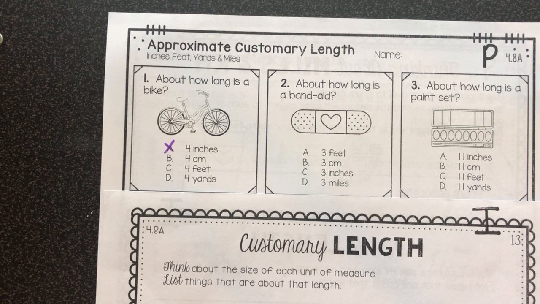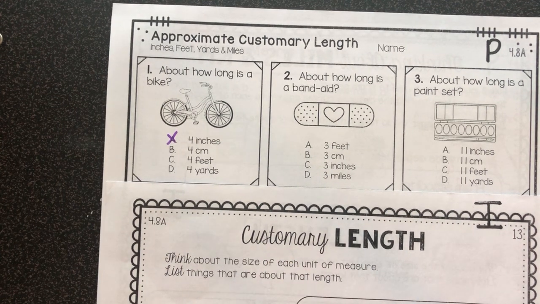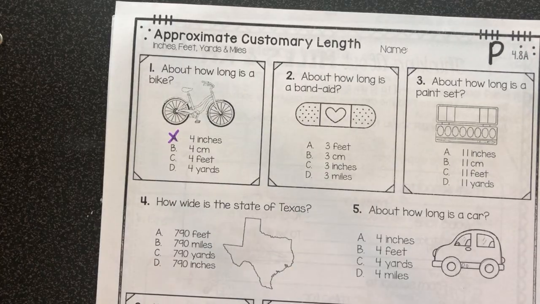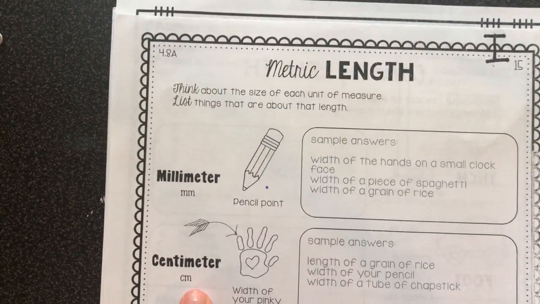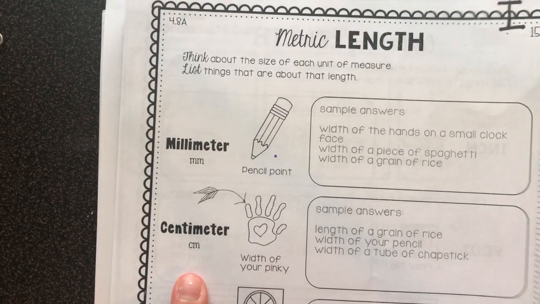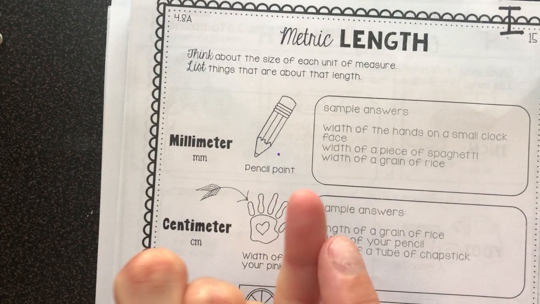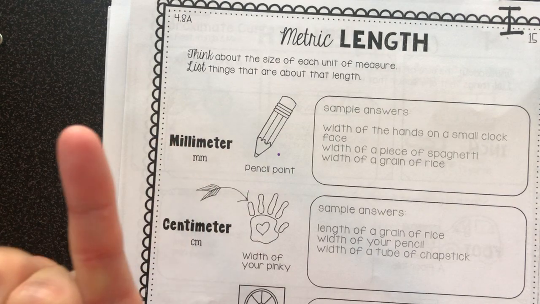B says 4 centimeters. Now centimeters are not customary units, those are metric units. So I'm going to turn my benchmark paper over. Here's the centimeter. Remember, the centimeter is about the width of your pinky.